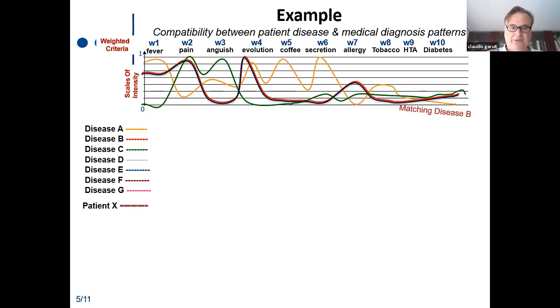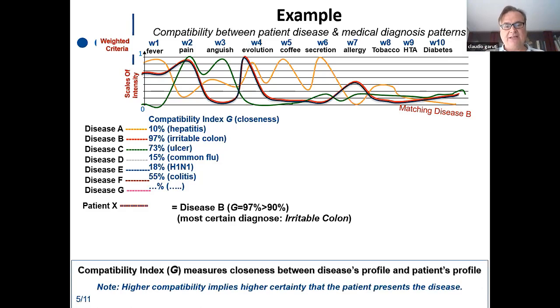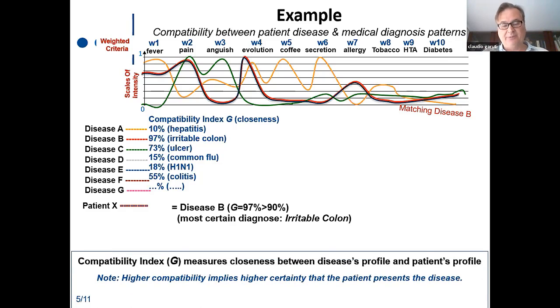And the system can calculate the compatibility index, I mean the closeness between the disease and the patient. You have different diseases, different values for the compatibility, and of course, the one with the greatest compatibility value means that you have a higher certainty that the patient presents that disease.